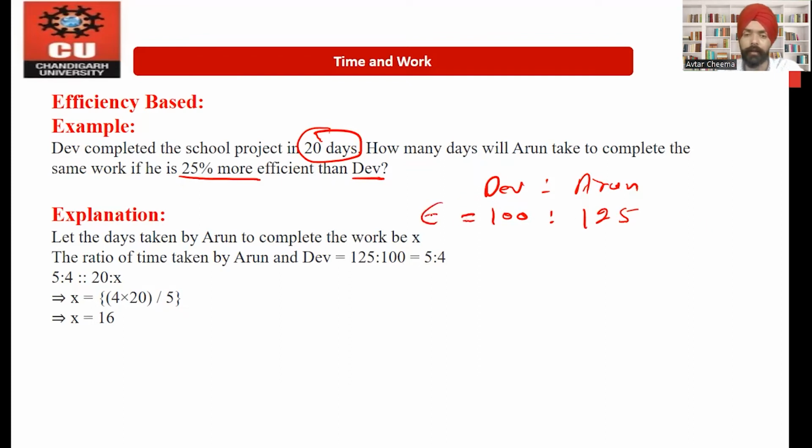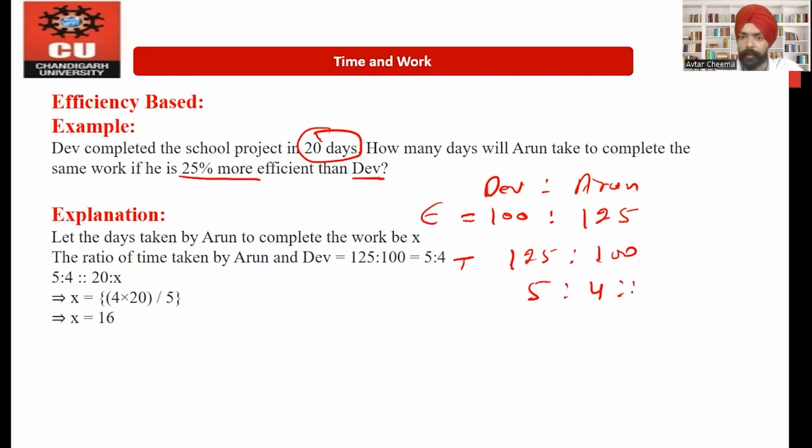And we learned in the beginning that efficiency has a reverse relation with the number of days. So time has a reverse relation with efficiency. So the ratio of time is 125 to 100, that is 5 to 4. So this is the ratio of the time taken by both.